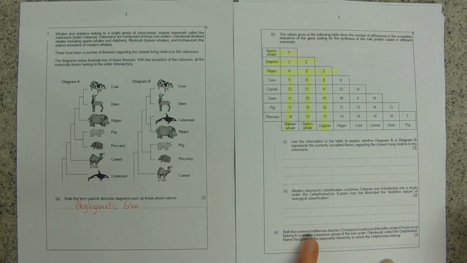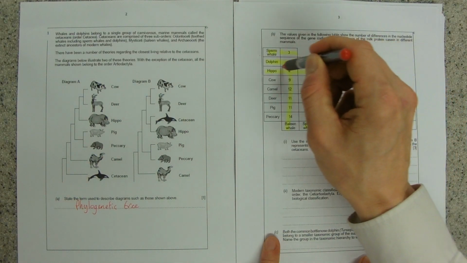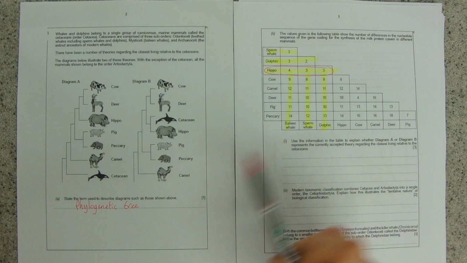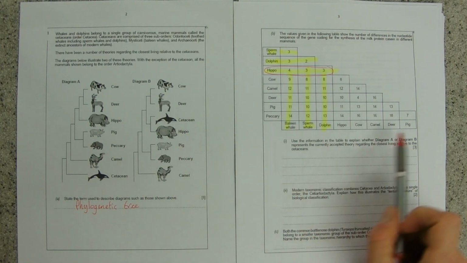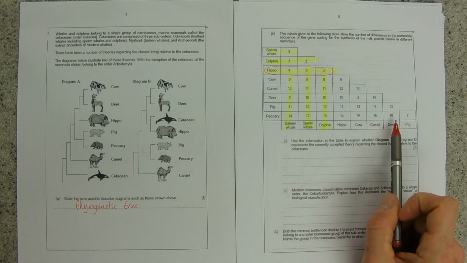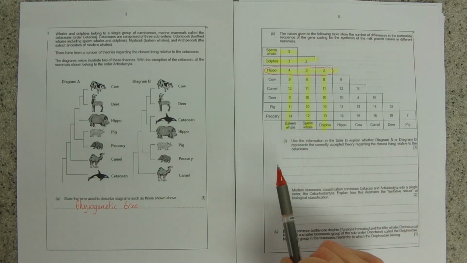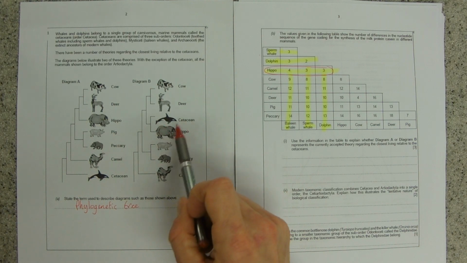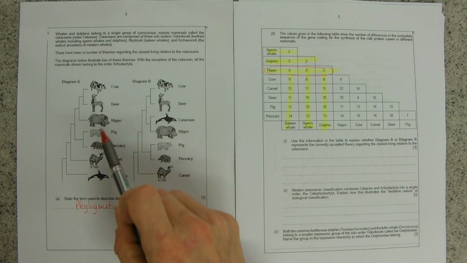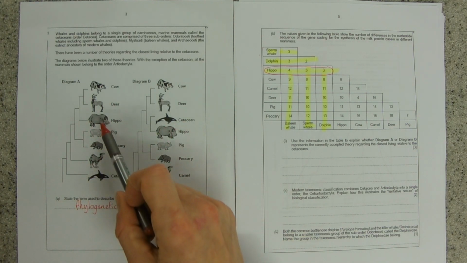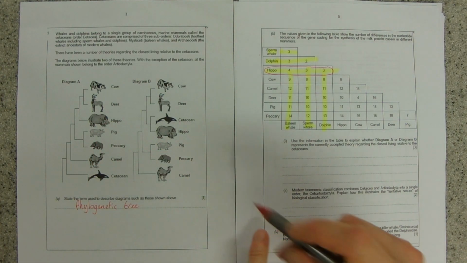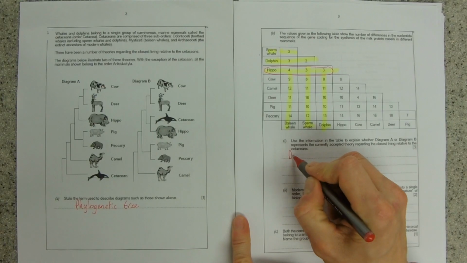So our differences between the hippo and the whale, depending on which one you look at, are 4 or 3 or 3. So not many differences, certainly when you look down here at big numbers of differences in nucleotides. So they appear to be very closely related, whereas you wouldn't expect just a few differences between these if they were all the way over there. So we're going for diagram B.